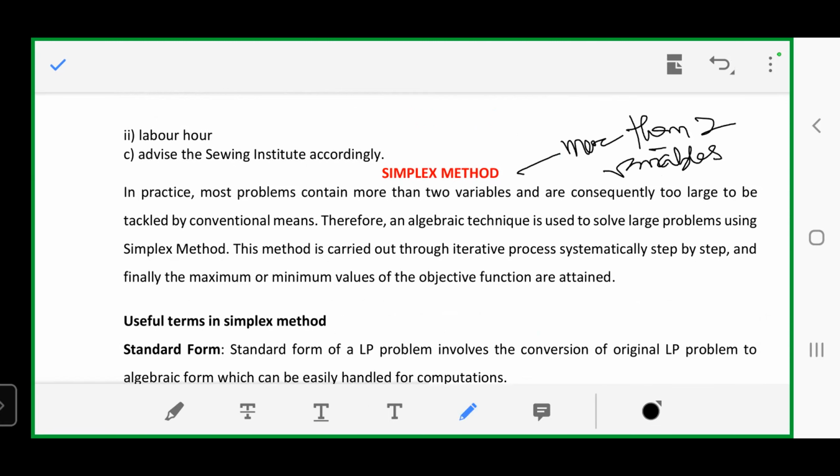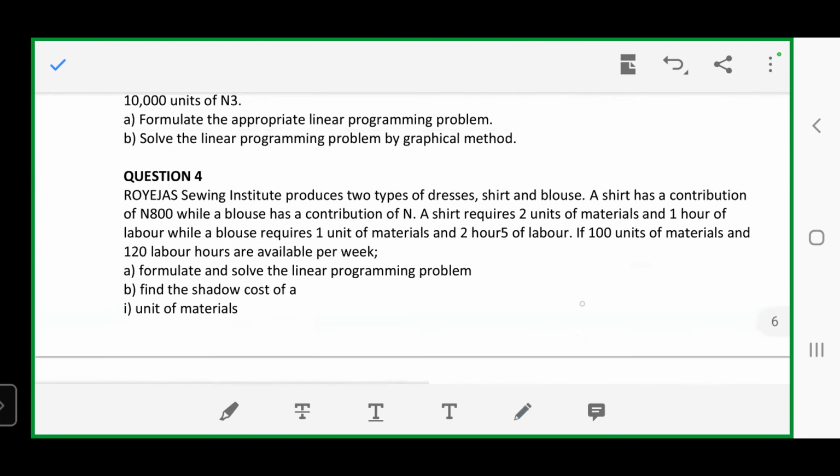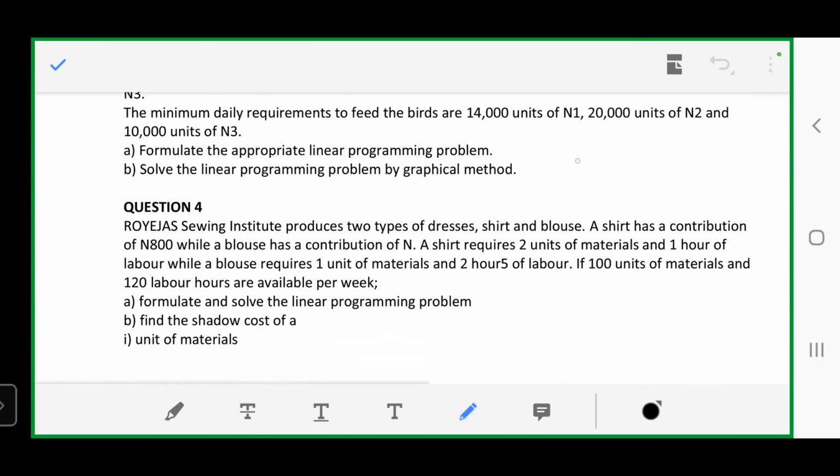You know, under your graphical method, the graph only has two variables. Our graph is like this: variable x and our y-axis. What if there are three products? If you have A, B, and C, what will we do?